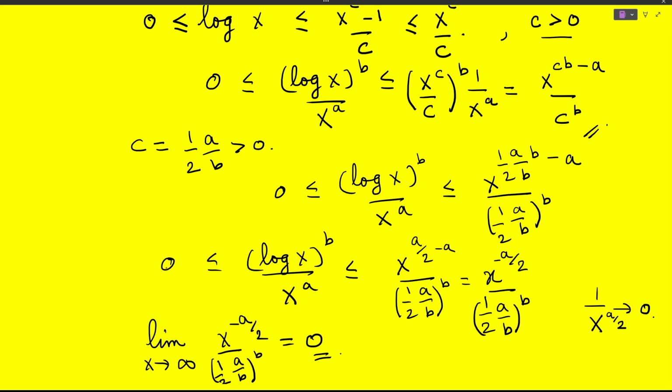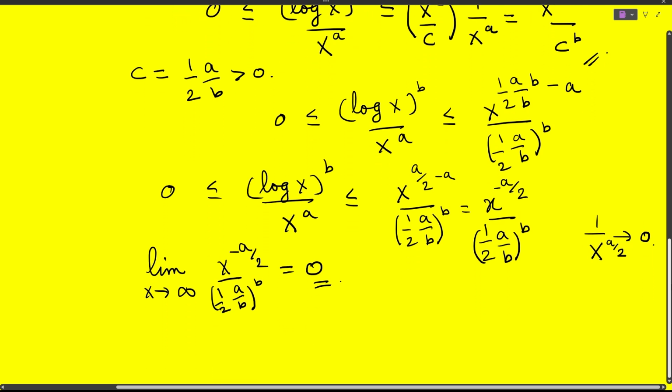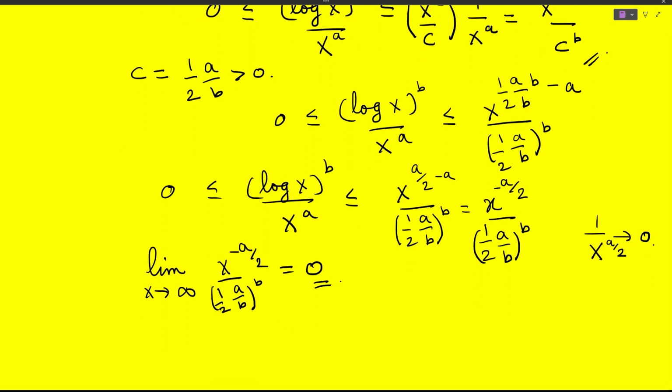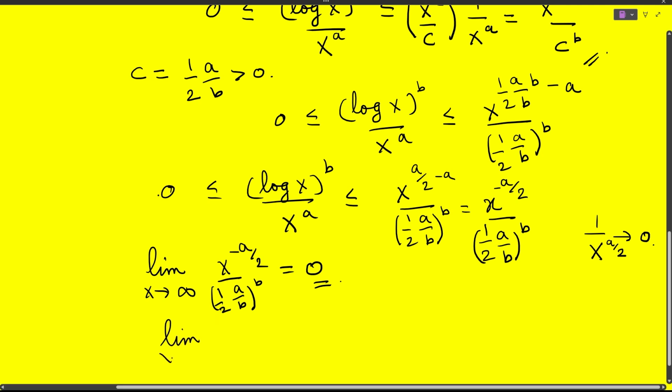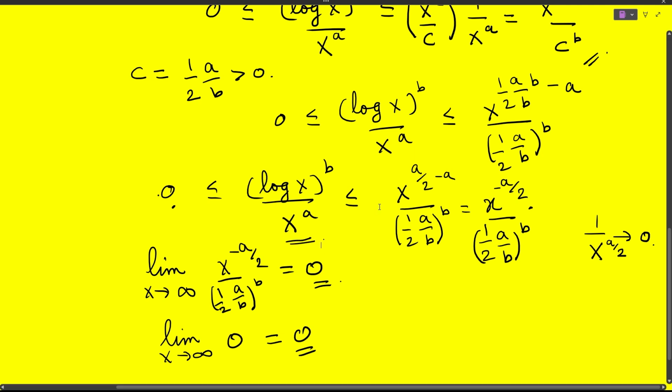This is a constant, so it stays 0 the whole time, because you can think of this as a constant function. So the limit as x tends to infinity of this 0 is basically 0 again. So the left hand side and right hand side go to 0 when you take the limit as x tends to infinity. From this you can say that the limit of this particular term is again 0, right?